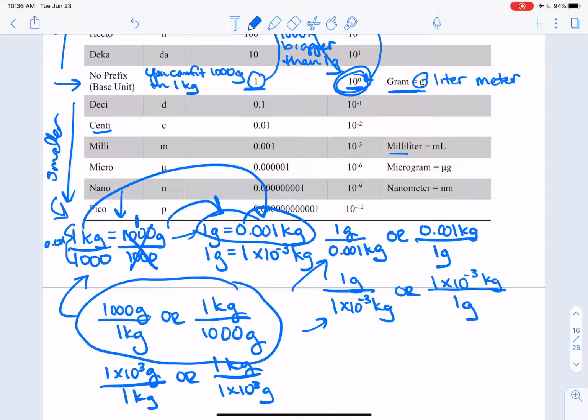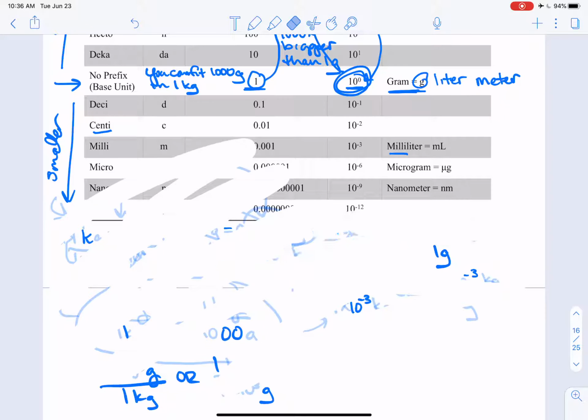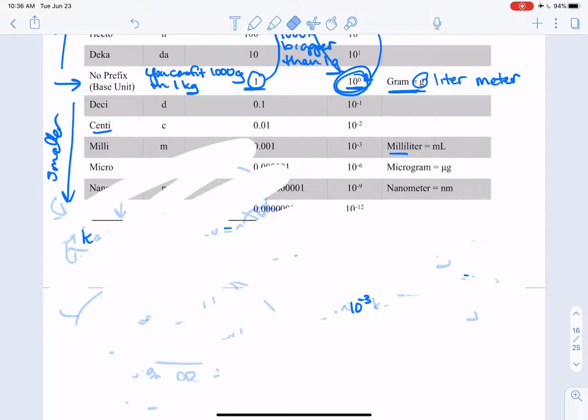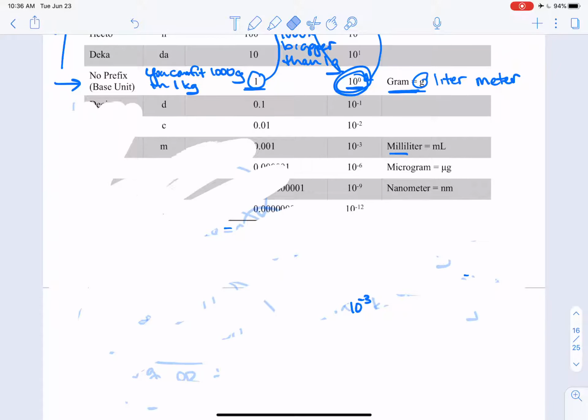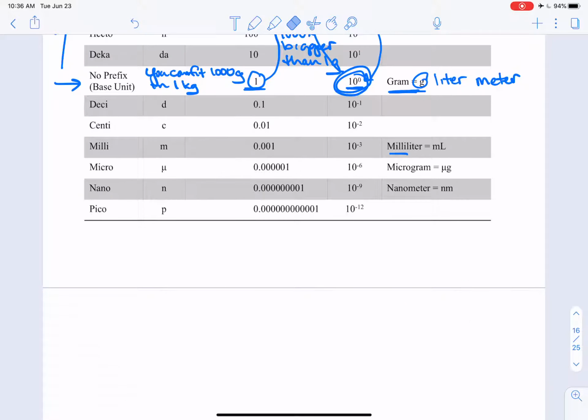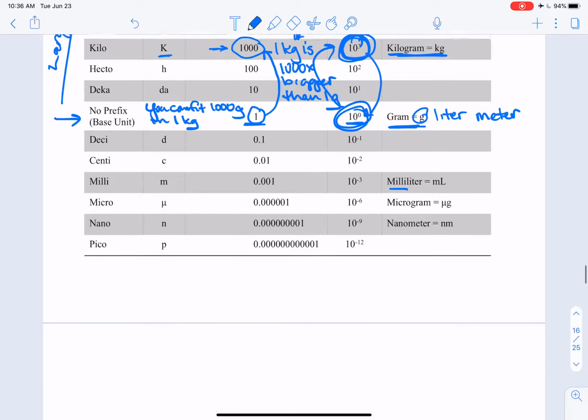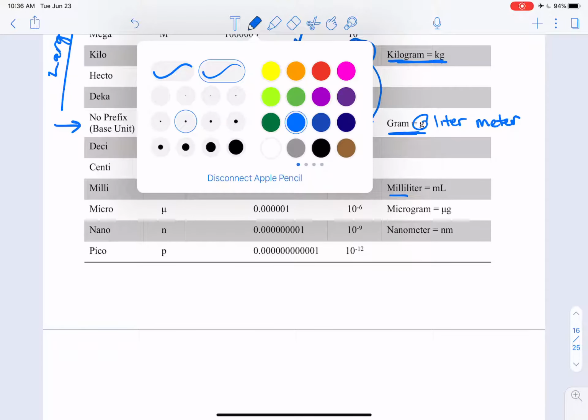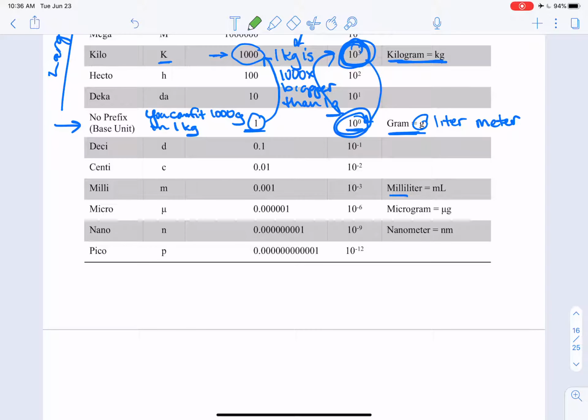Okay, so let's go smaller. So give me a second to erase this stuff. And let's go down into milli. Okay, let's switch over to green. There we go.